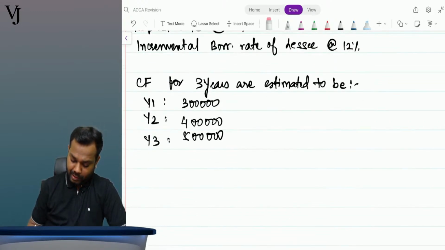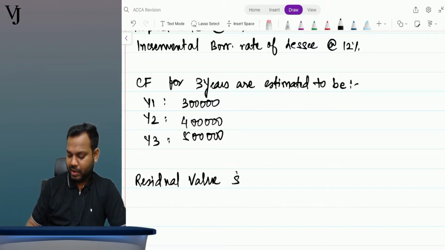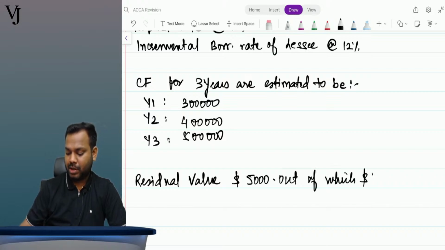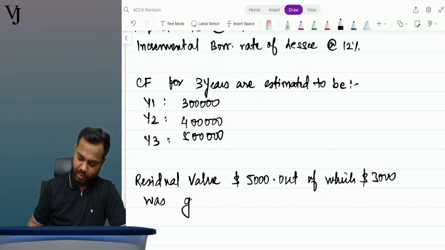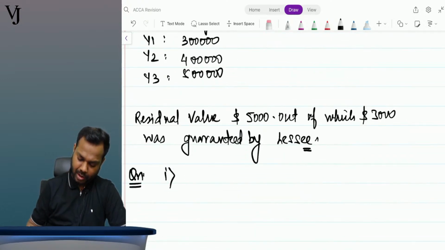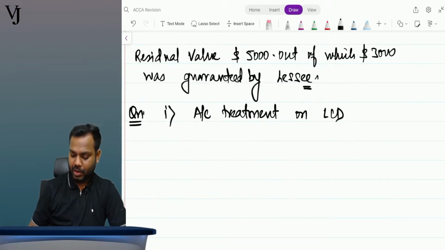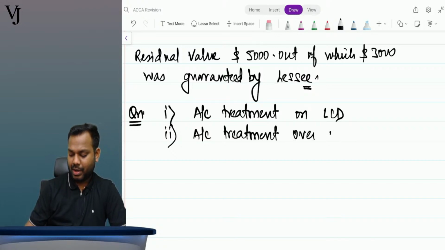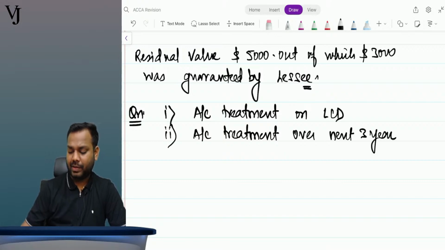Now residual value is $5,000, not 50,000, out of which $3,000 was guaranteed by the lessee. Now, the questions here: point number 1, accounting treatment on lease commencement date. Second, accounting treatment over the next 3 years, that is the lease period.